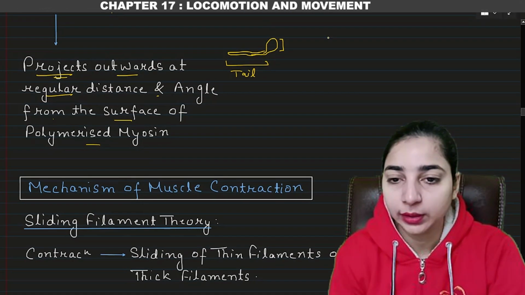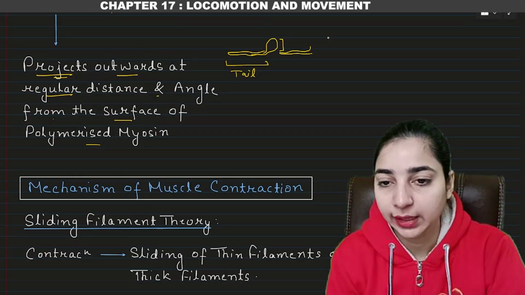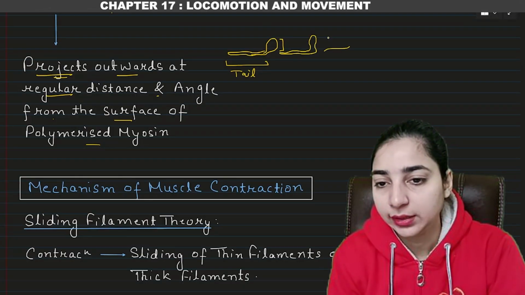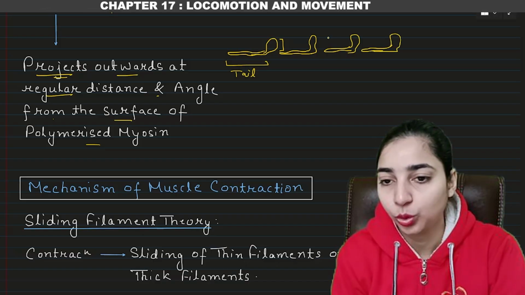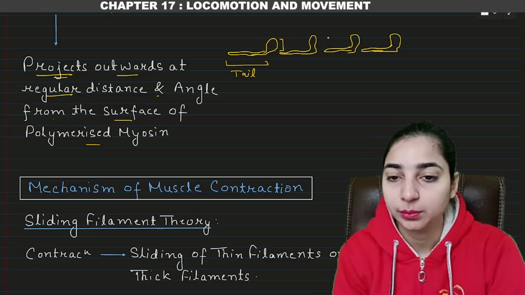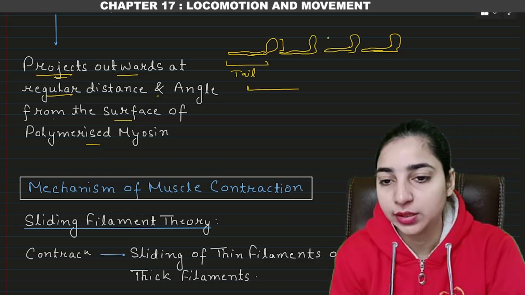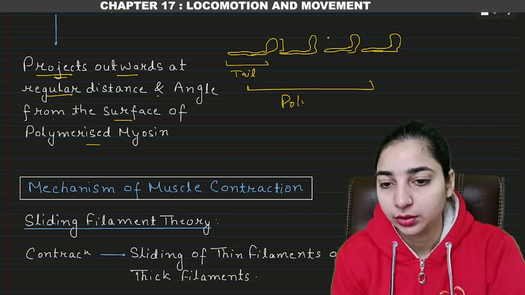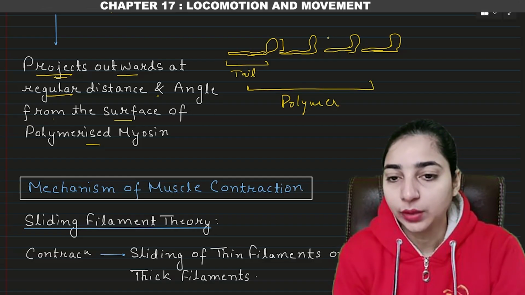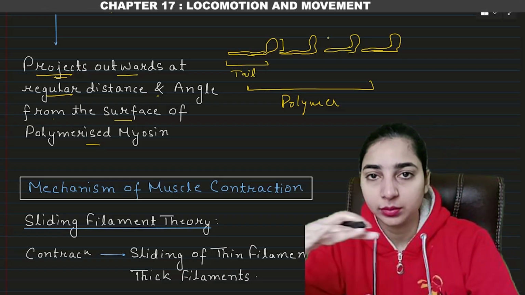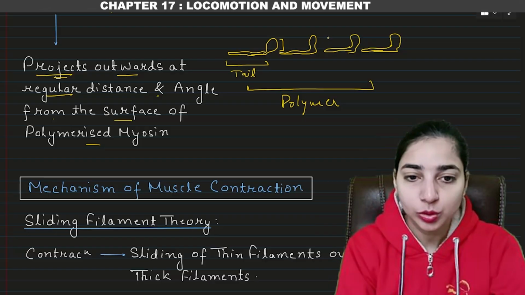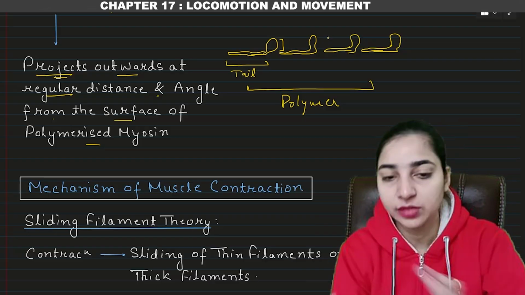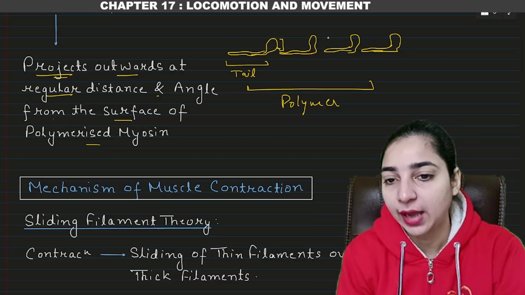So this is one monomer, then there is another monomer, tail, head and arm. Again, tail, head and arm, tail, head and arm. So many such monomers will repeat many times to form the polymer. So now this is the polymer called myosin. Now you can see that the tails are located along the surface, but the heads are coming outwards. Okay, so the heads are projecting outwards from the surface, making certain angle.